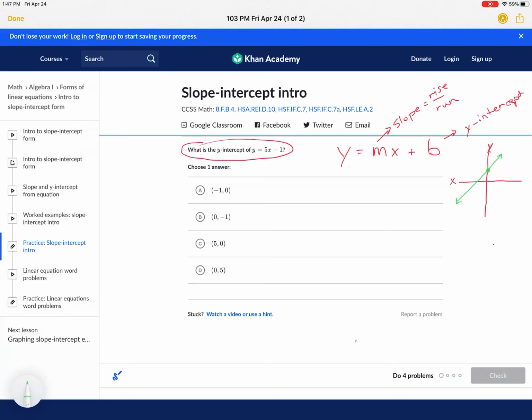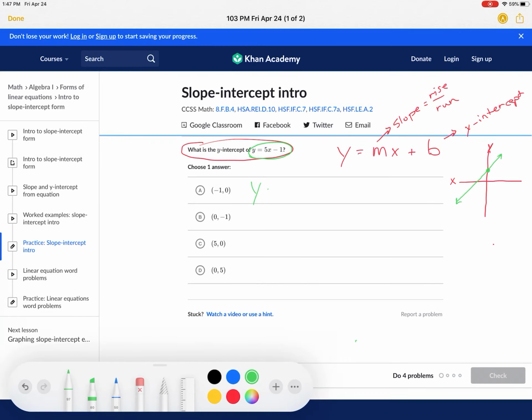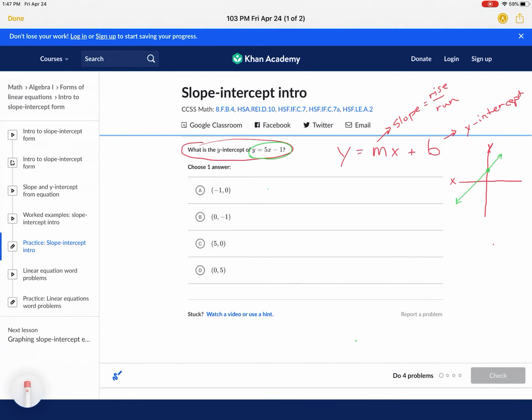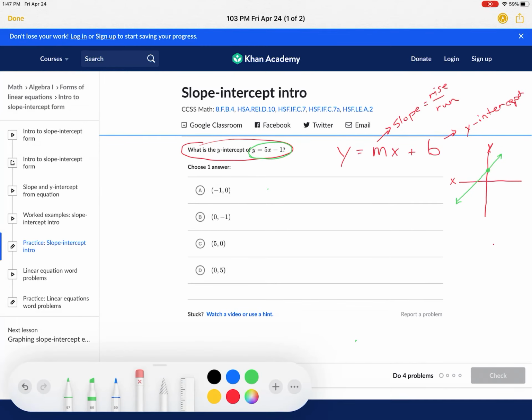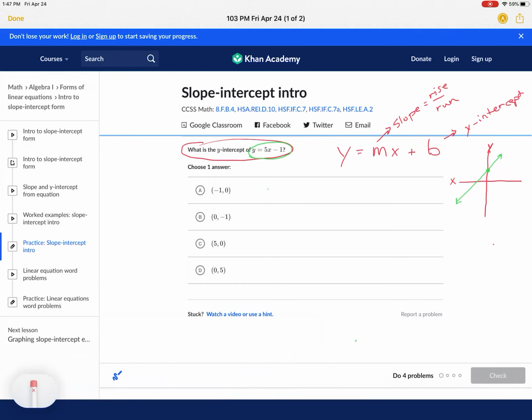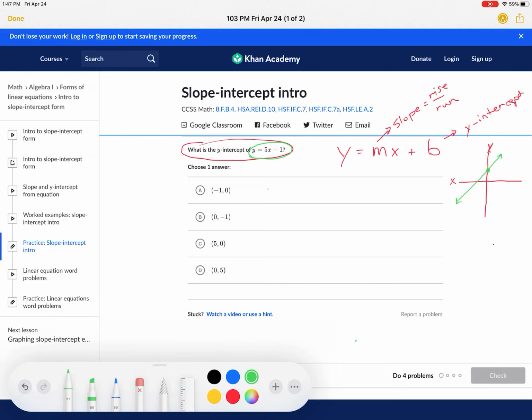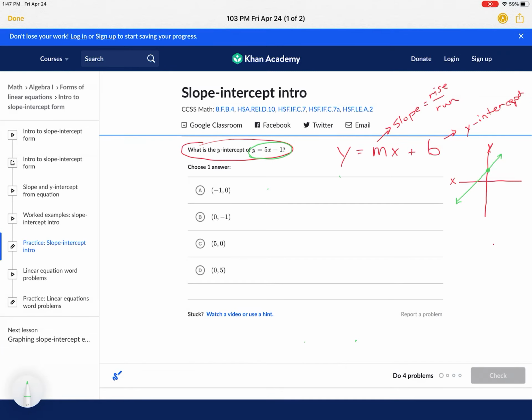It looks like this equation is already written in the form y equals mx plus b, because it is y equals 5x minus 1.